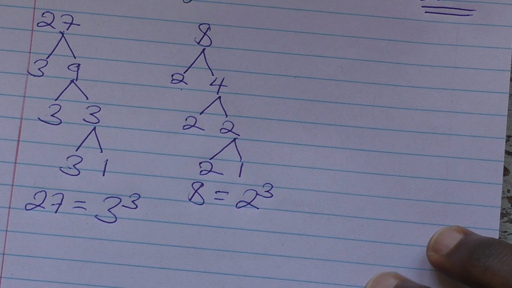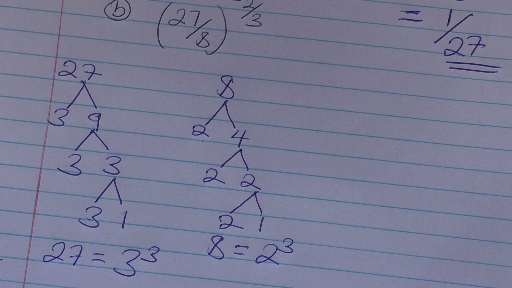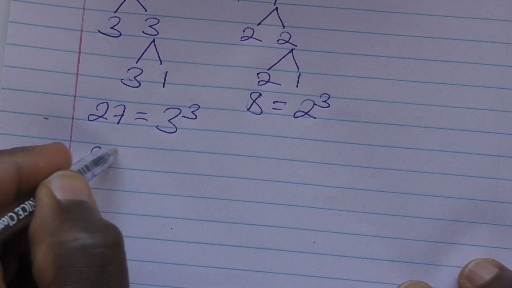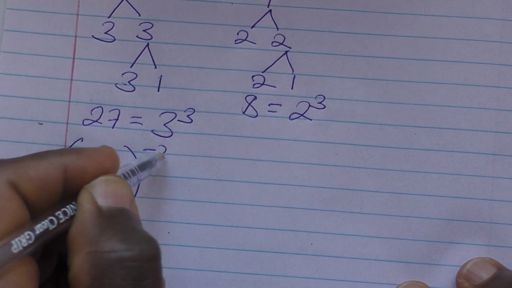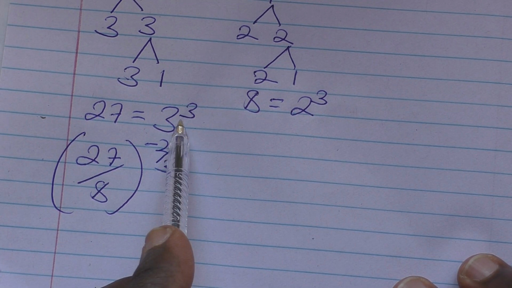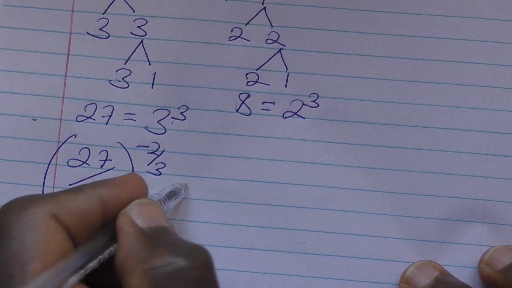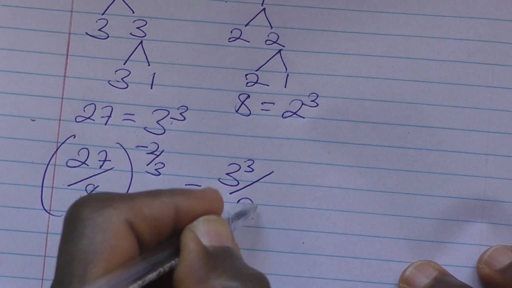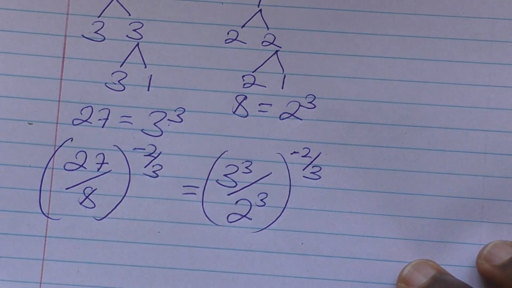So we have first of all decomposed these figures. Now, remember we have 27 over 8 power negative 2 over 3. So we write 27 as 3 power 3. We write 8 as 2 power 3. That is to say, we shall have 3 power 3 over 2 power 3 powering negative 2 over 3.